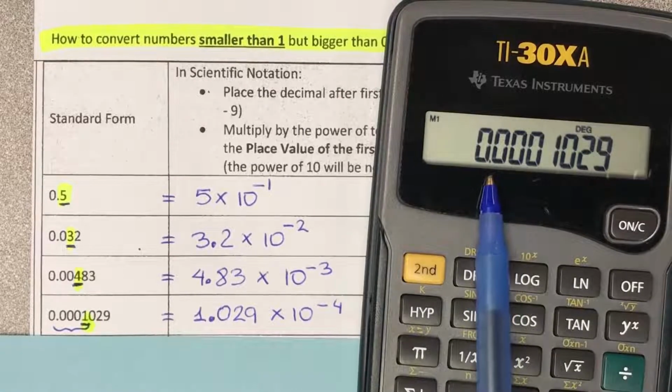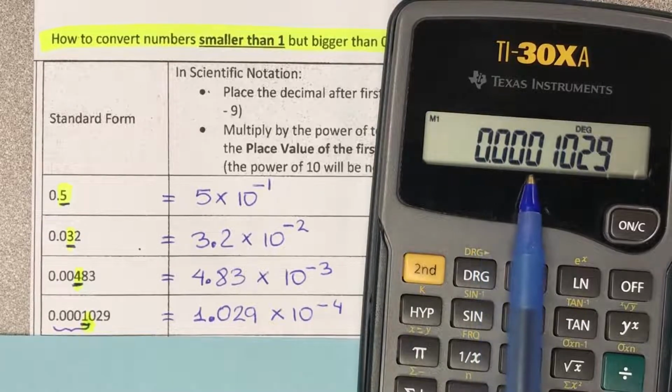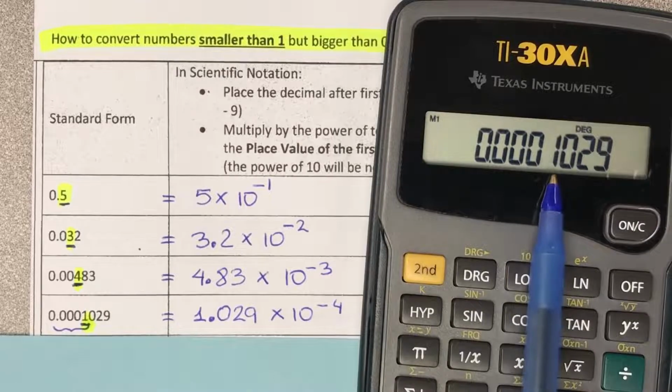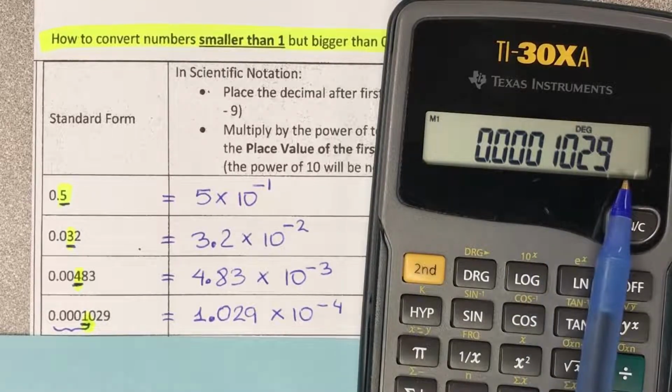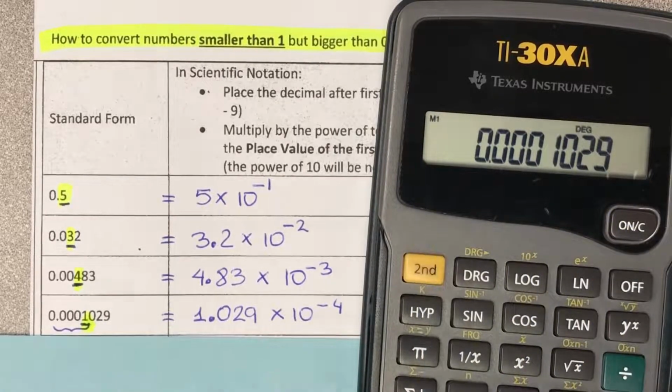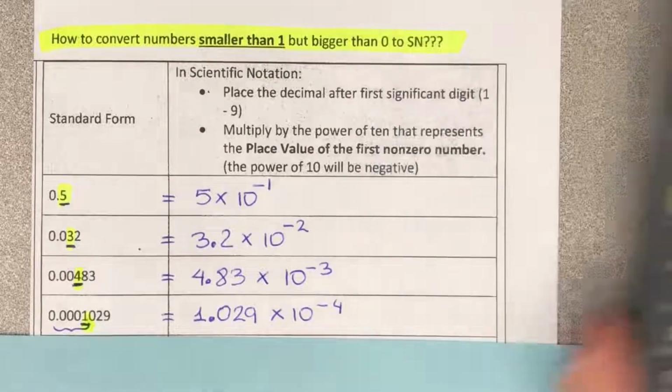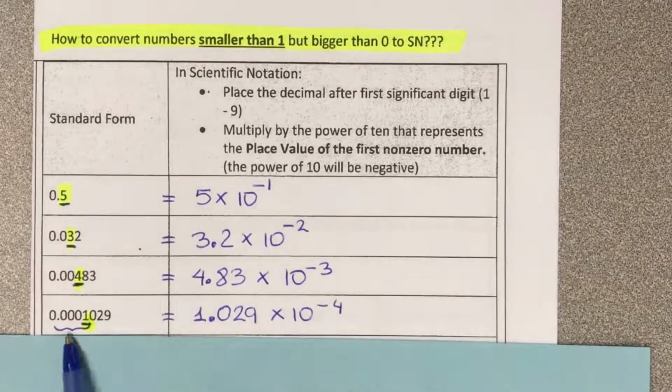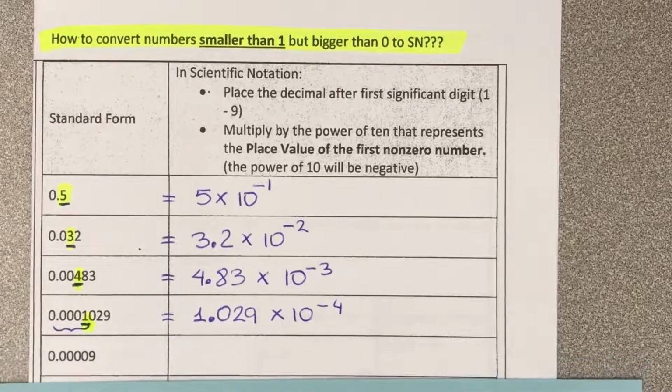And we have our original number, 0 with the decimal, then we have 3 zeros, and then we have the 1, the 0, the 2, and the 9. So 1.029 multiplied by 10 to the negative 4th means divide by 10 four times, and our decimal point is moving to the left till we reach the original number.